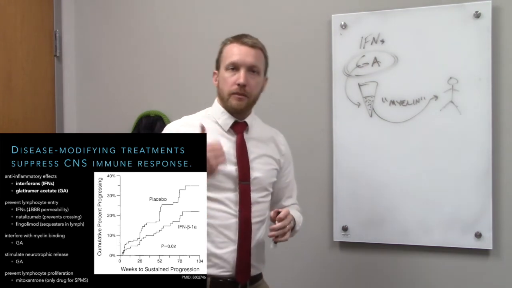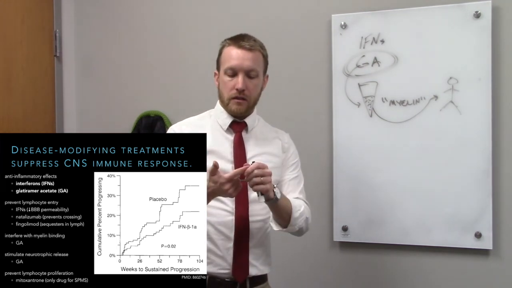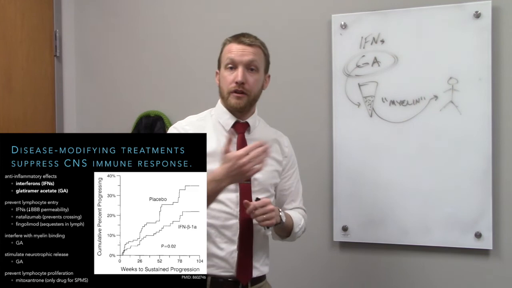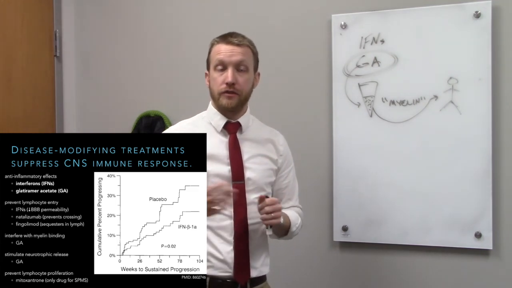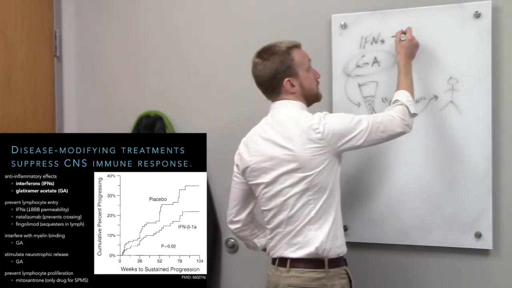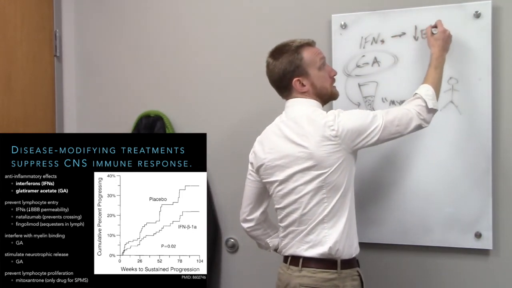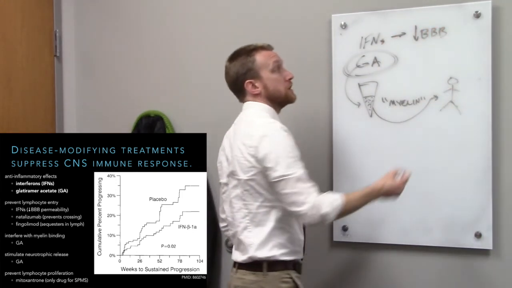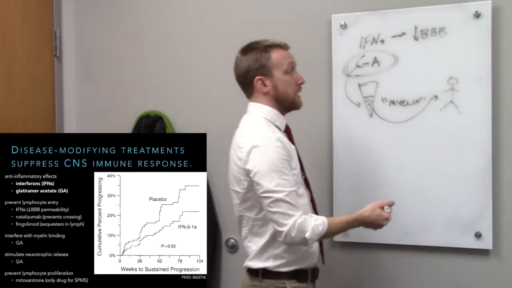So by preventing inflammation, by preventing the white blood cells from entering the central nervous system, and there's a few different ways that we can do that. The interferons are going to decrease the permeability of our blood-brain barrier so that stuff in our blood can't enter the brain.